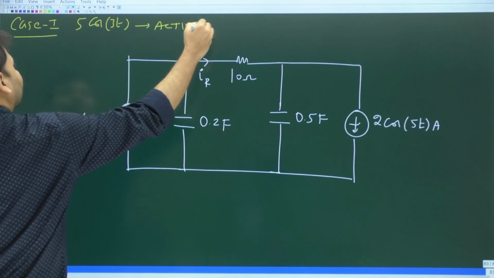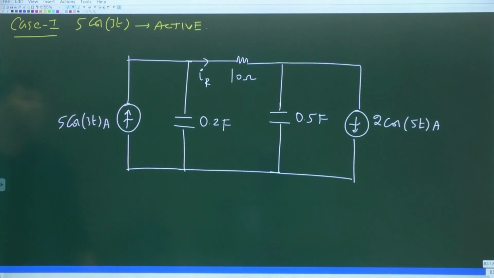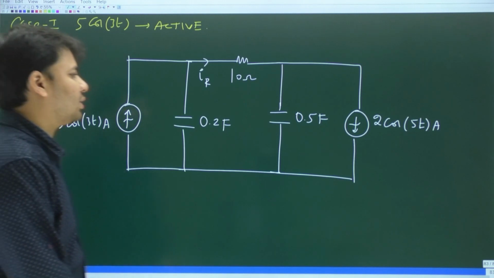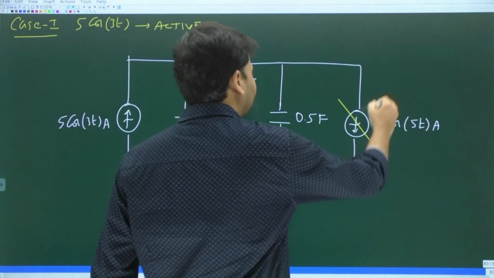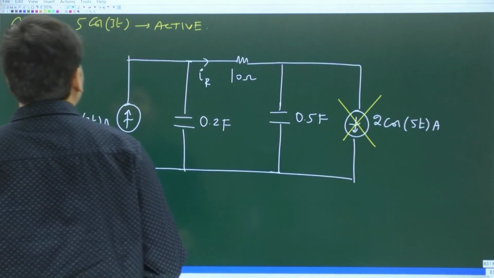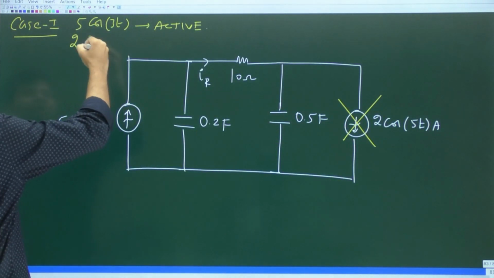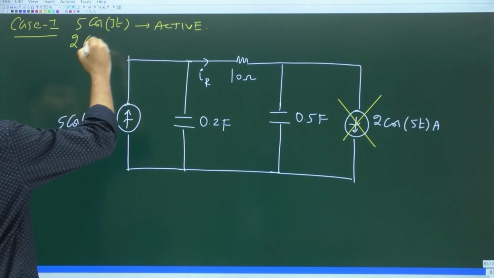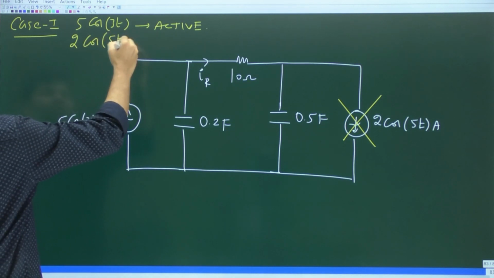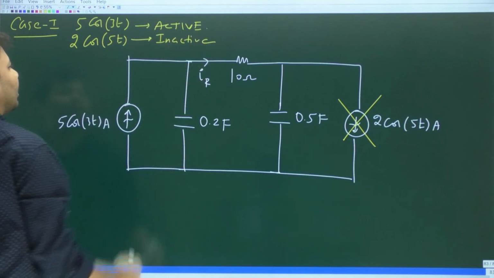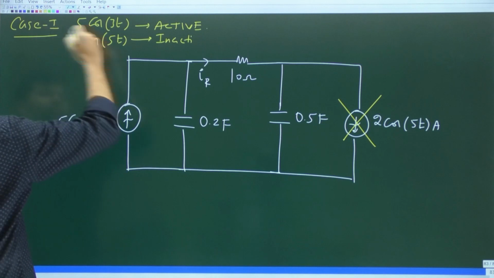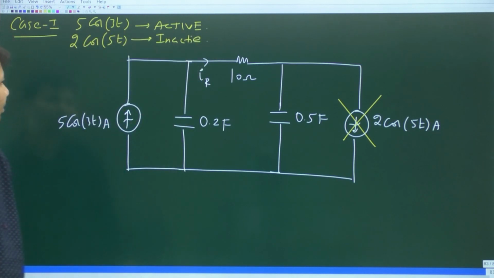So what are the two sources in the circuit? One is 5 cos 3t, so let it be active in the first case. The other source is 2 cos 5t. We will make this source 0, meaning it is going to remain inactive.